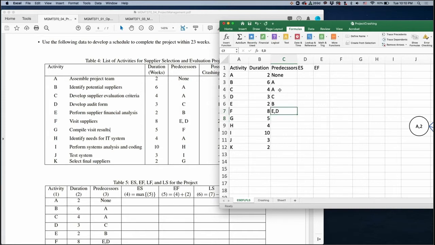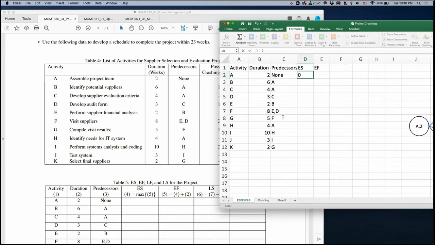Then earliest finish time is equal to ES plus duration. So you just complete this. And now you have to take into account their predecessors. For B, you have to finish A first, then you can start.